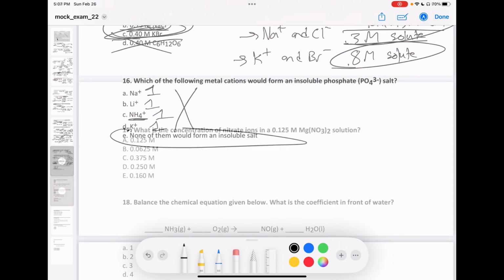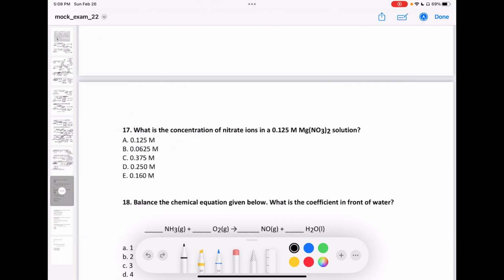So what is the concentration of nitrate ions in a 0.125 molarity magnesium nitrate solution? So we know molarity is moles per liter. So I guess we don't even really need that.